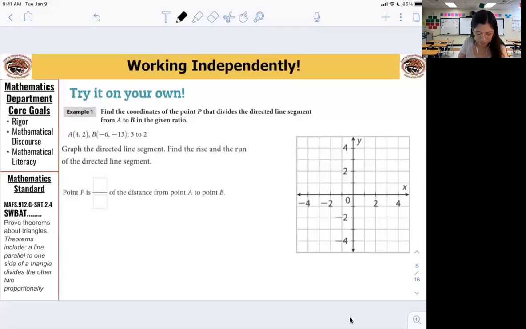Ridiculous. Here's A. Negative 6, negative 13. I cannot graph that on this graph, so I'm just going to put it over here, somewhere out in that corner. And there's my line segment.